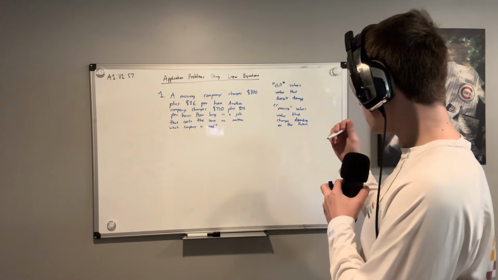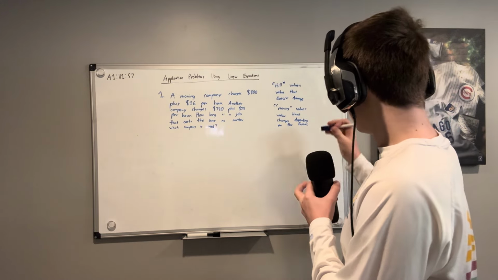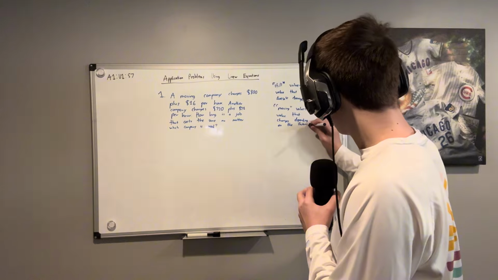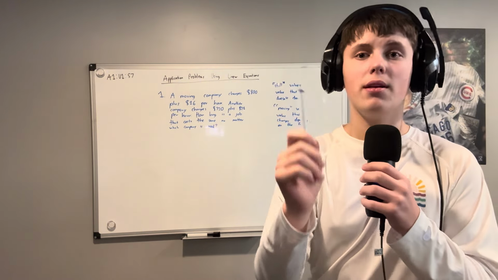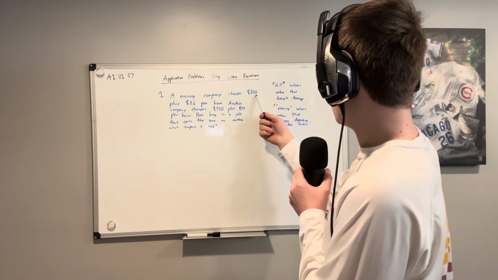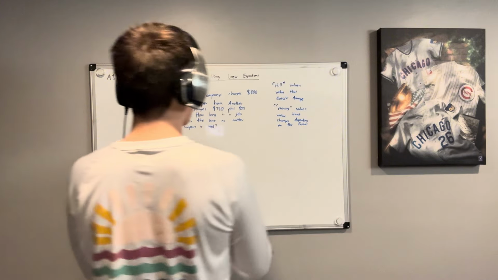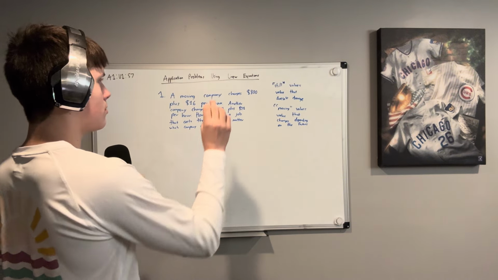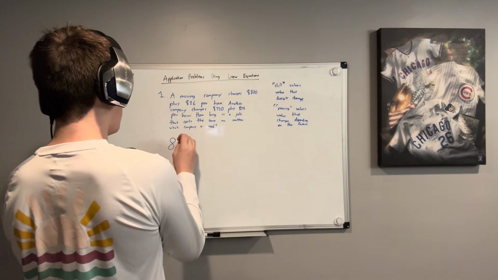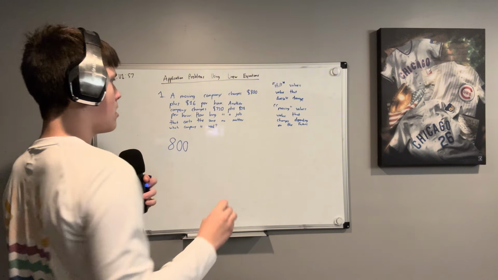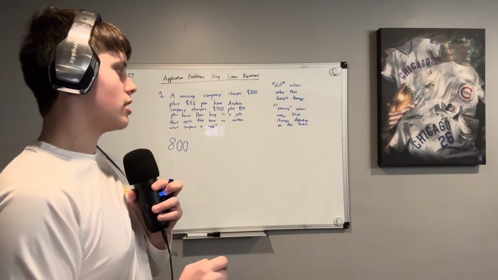So here, the still value, the value that does not change no matter how many hours, would be $800, because $800 is just there. So I'm going to put 800 down here, and then the moving value that changes depending on the factors.